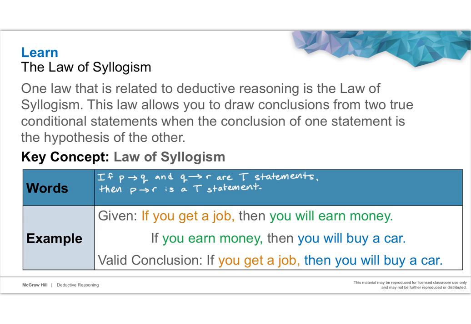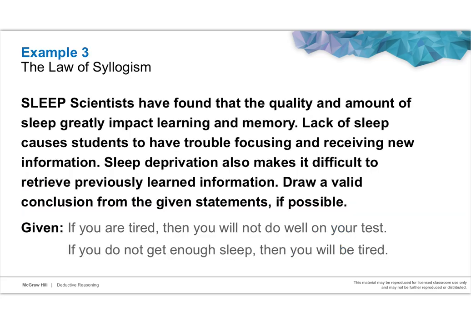And for those that are seeing these colors, hopefully you can see if P, then Q, and then this is our connector to the next statement. If Q, then R, we can go from P to R in one conclusion. Law of syllogism.